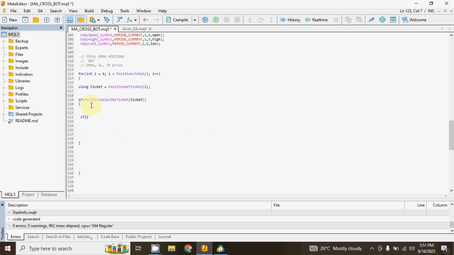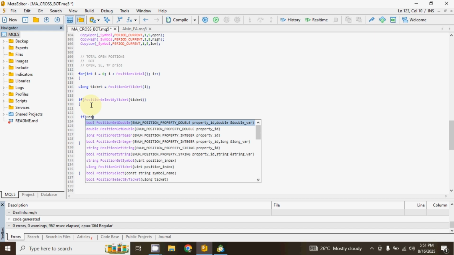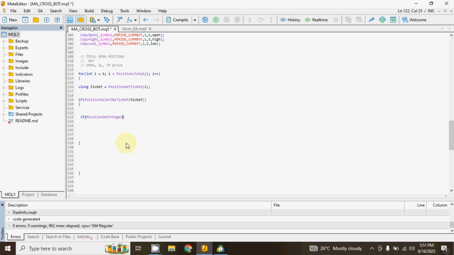How do you check the magic number of that particular position? You are going to use this function, PositionGetInteger, open a parenthesis, then input POSITION_MAGIC, if it is the same as magic number.